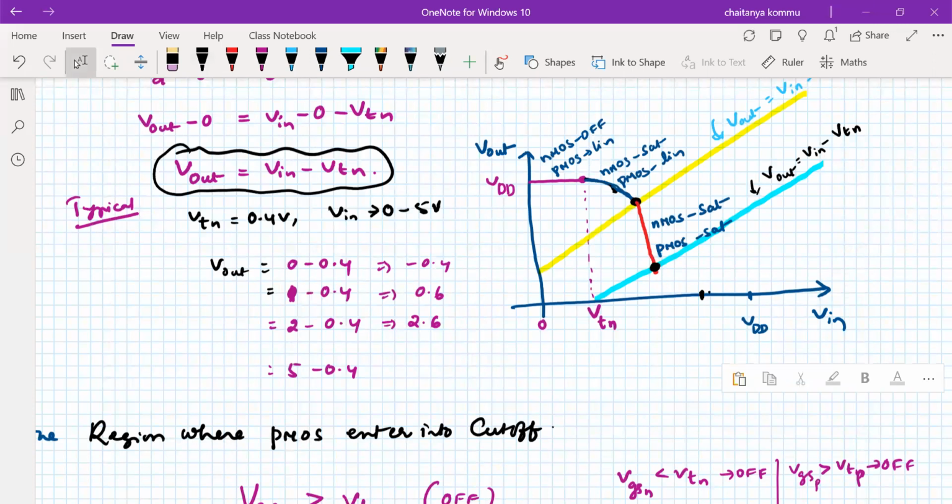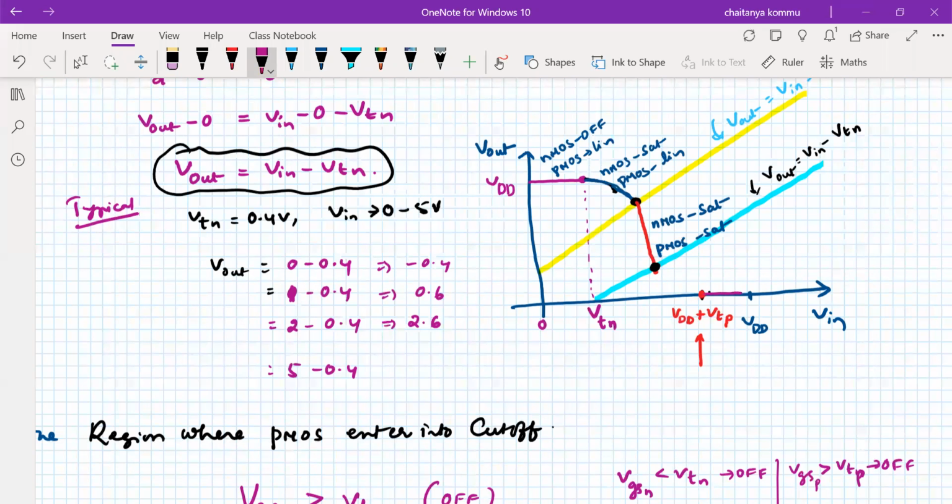At this point. Agreed? So what is this point we normally call it as? VDD plus VTP. At this point, I'm sure that I can draw this value.